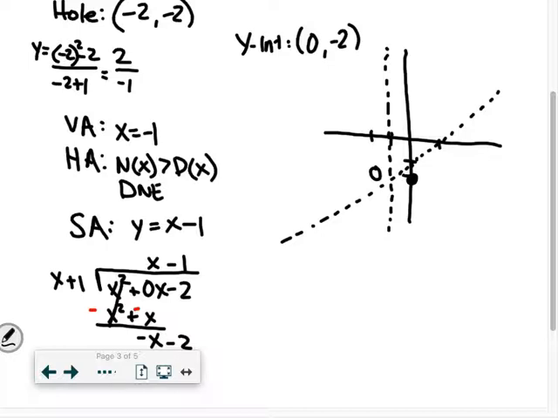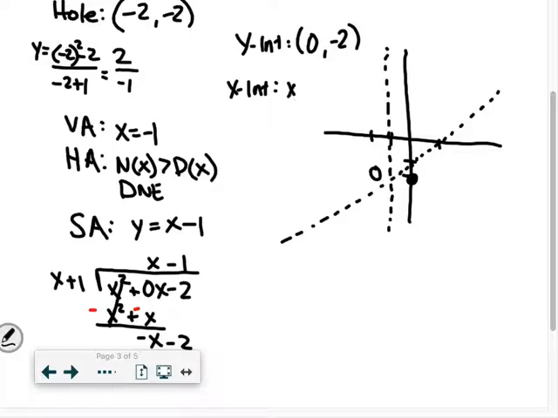For the x-intercepts, does anybody remember our shortcut for x-intercepts in rational functions? Set the numerator equal to 0. In a fraction, the only way that the y value, the fraction, would equal 0 is if the numerator is equal to 0, right? 0 divided by a number. So we can just set the numerator equal to 0.